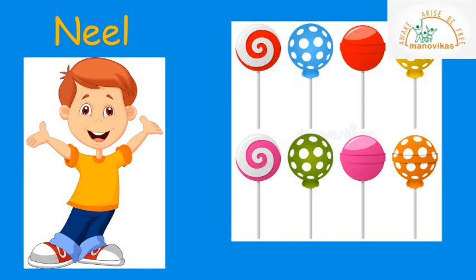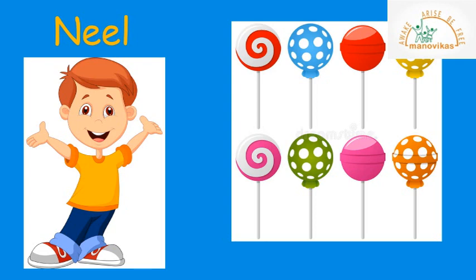Here you can see a boy named Neil, and it's his birthday today. He has 8 lollipops. Now he has 2 friends and he wants to give his 2 friends some lollipops. He wants to divide them equally.